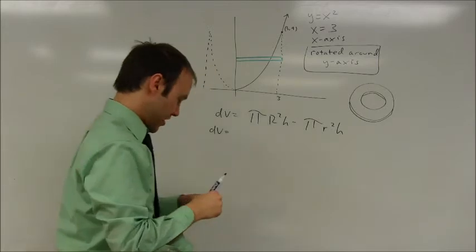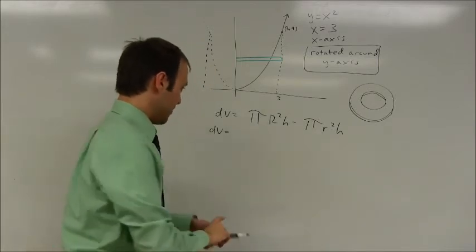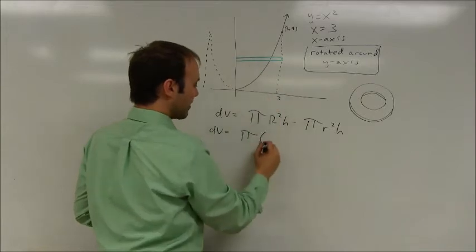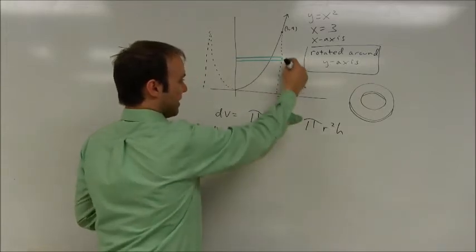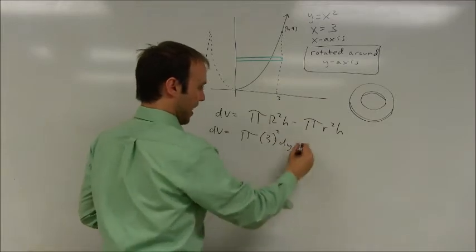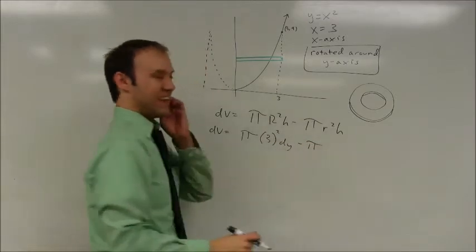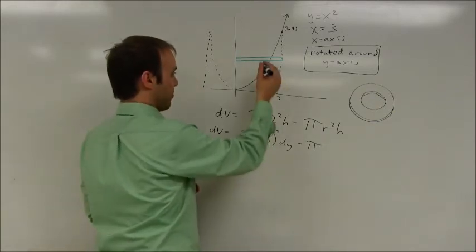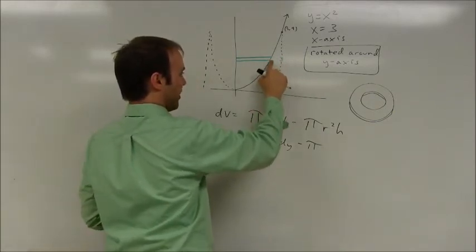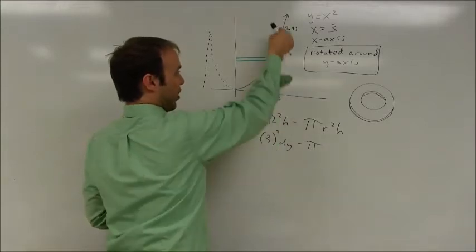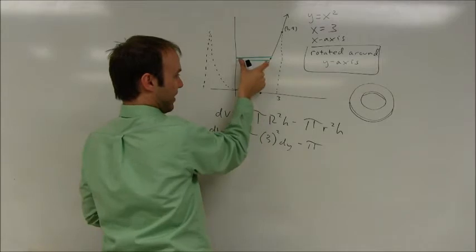As a result, when I fill this in, it's going to be pi times my big radius, always going to be 3, times the height, which of course is a dy, minus pi times the inner radius. The inner radius is what I get if I draw my strip out to this inner graph. Notice that those values are changing there.